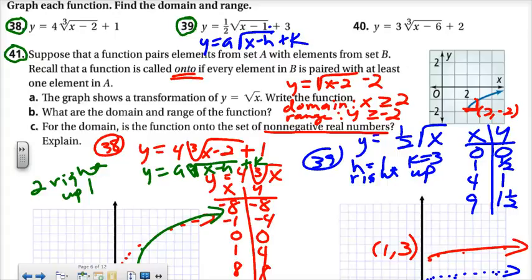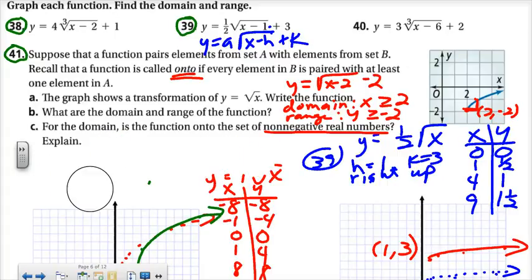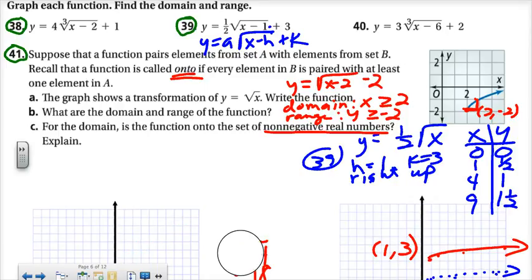And let me get this out of the way here. And I will just pick a point to show you why. Right here, let's look at (3, -1). If this is supposed to be onto the set of non-negative numbers, when we put the value of -1 in, we are supposed to be able to figure out a number that will give us something that's not negative. And as you look at this, if you put a 3 in, you're just going to get -1. That's it.